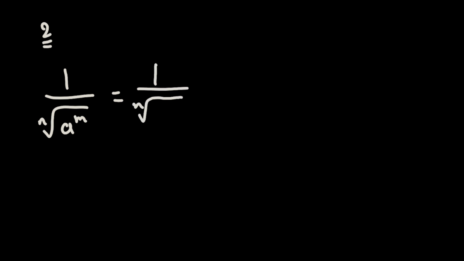So case number 2 says if we have 1 over the nth root of a to the power m, that would equal to... So now we want to remove the root. So what should we do? So the first thing, we'll just multiply by 1. So we have 1 over the nth root of a to the power m. We will just multiply by 1.